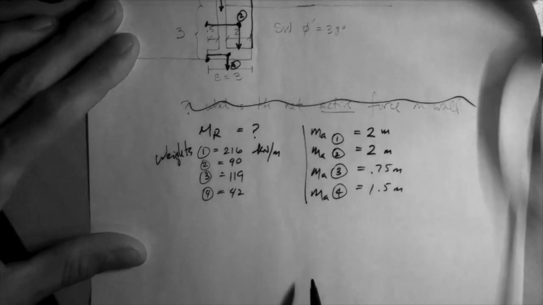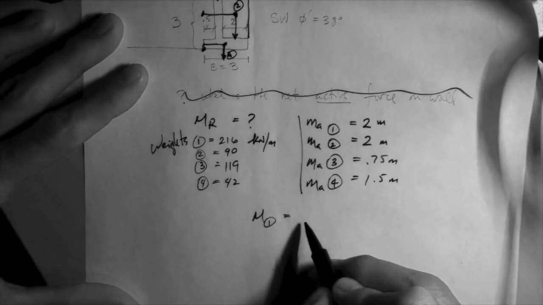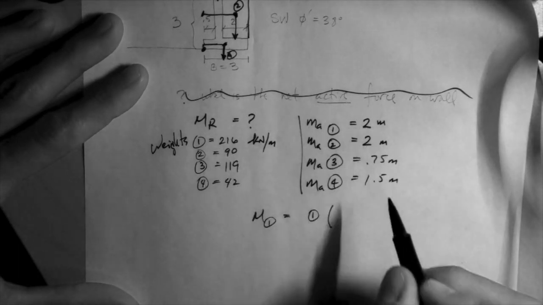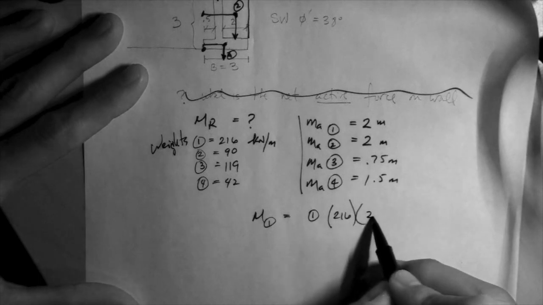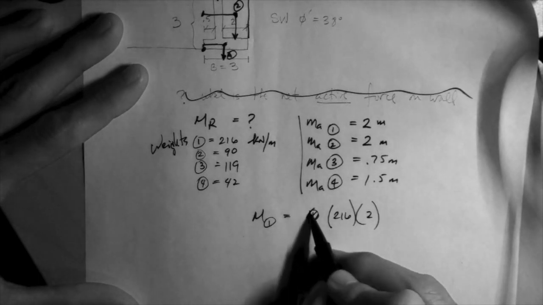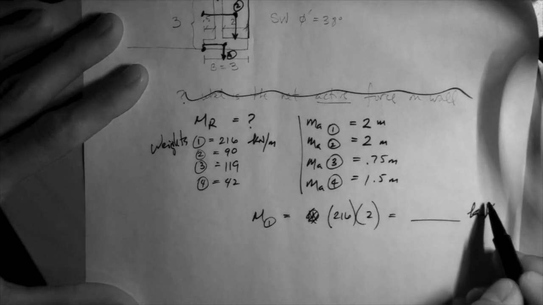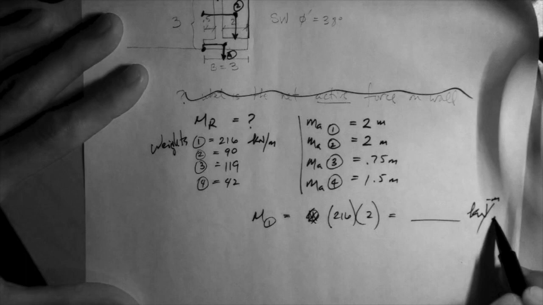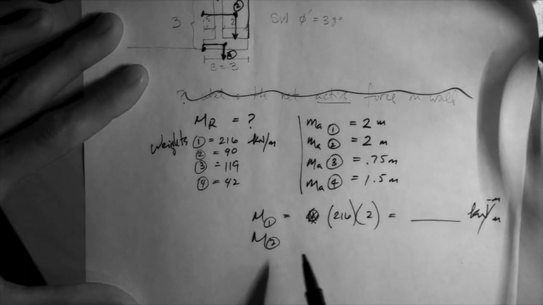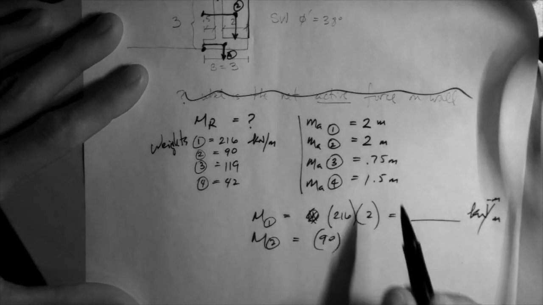So moment 1 is force 1, 216 times 2 meters. Kilonewton meter per meter. These are moments, right? Moment 2, 90 times 2.